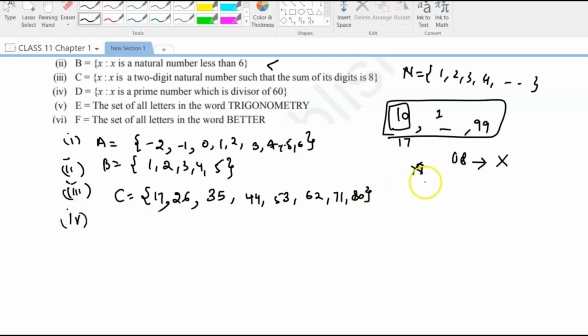Divisor of 60 means the numbers that divide 60.